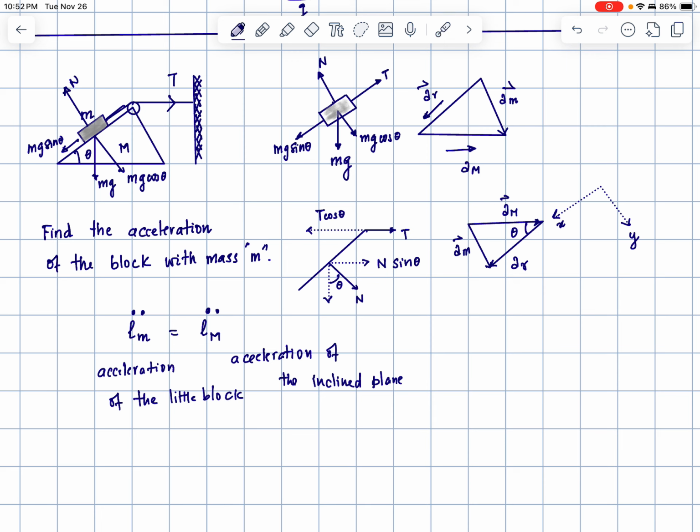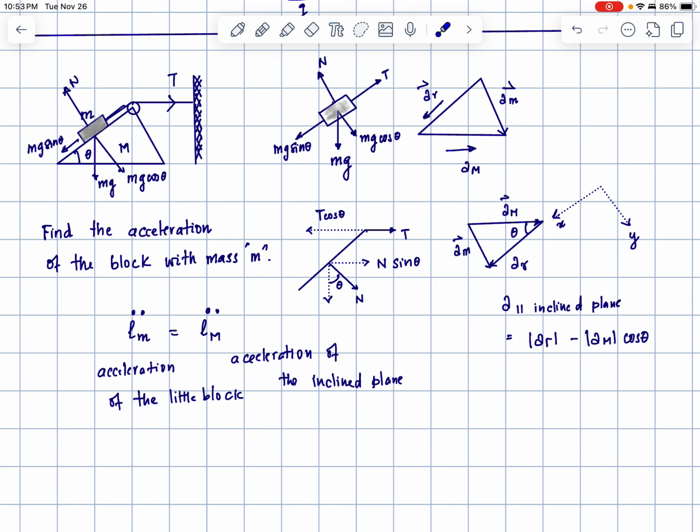So if you see here, the component of acceleration that's parallel to the inclined plane, okay, equal to, so this is the magnitude of a_r, minus the magnitude of a sub capital M times cosine of theta.